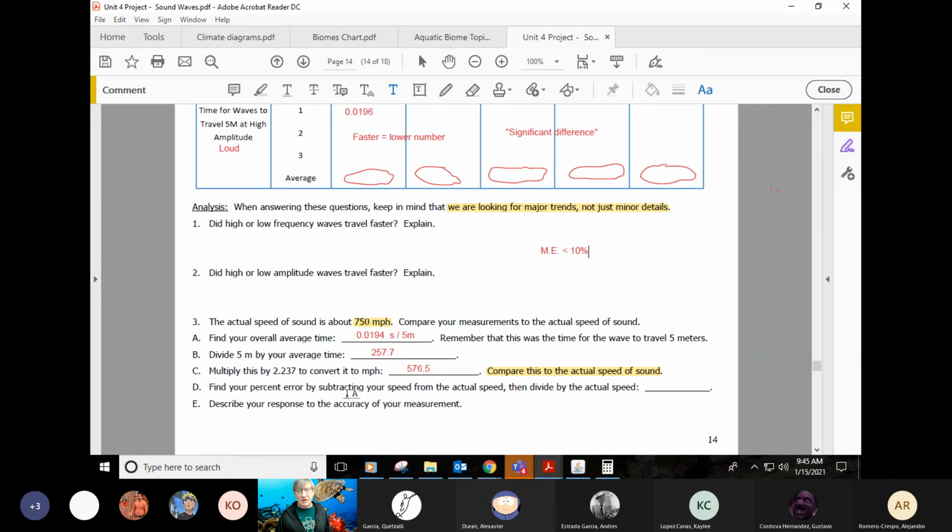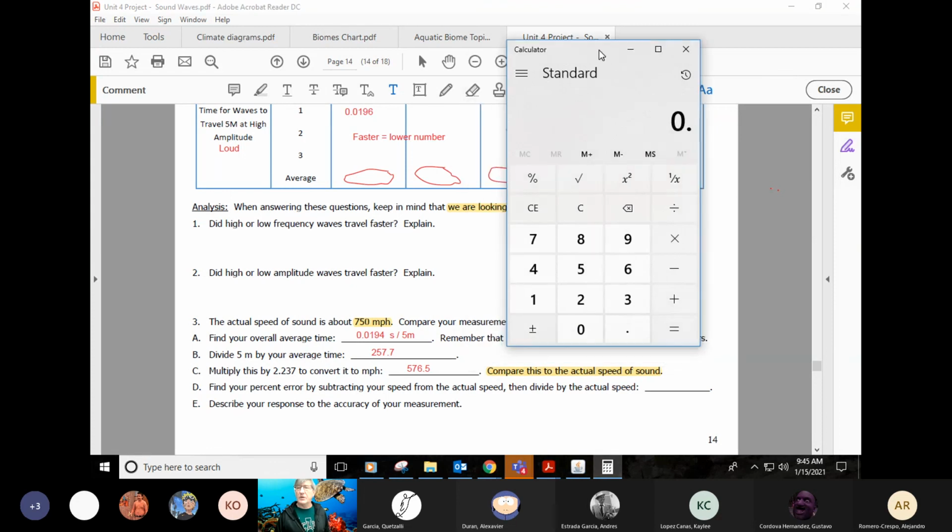To find percent error, I need to do some calculations. So I'm going to clear everything again. Subtract your speed from the actual speed. So I'm going to put in the actual speed first, 750, then I subtract my speed, 576.5.